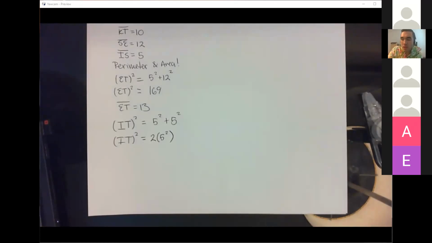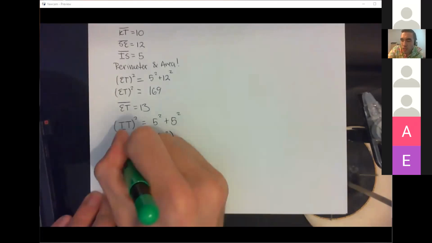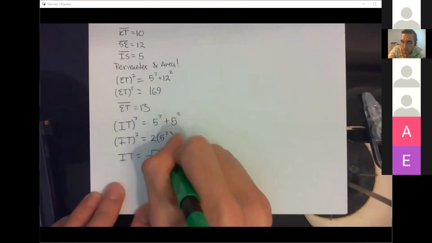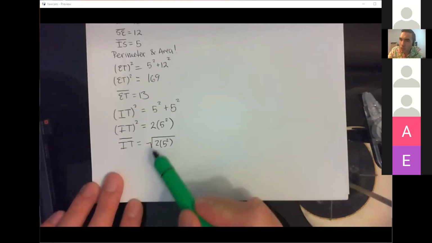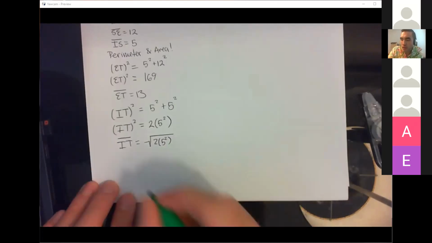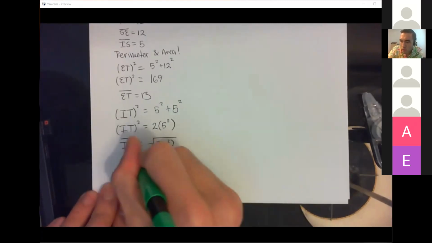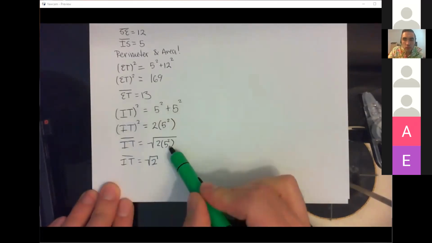Okay. So now I'm going to take the square root of both sides, which is going to give me IT is equal to the square root of 2 times 5 squared. And 2 here, I can't really take the square root of that. That doesn't simplify. That's just going to be root 2. What is the square root of 5 squared? 5.